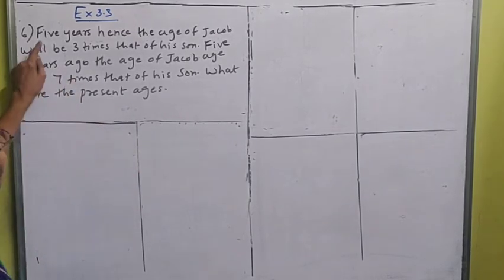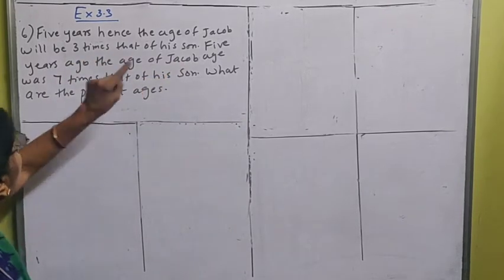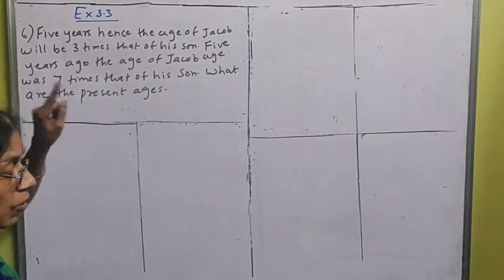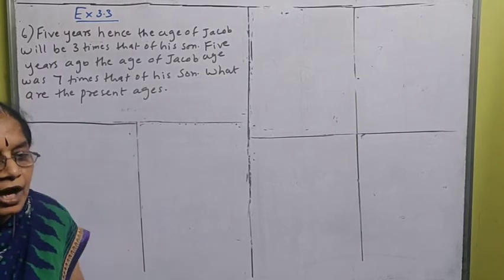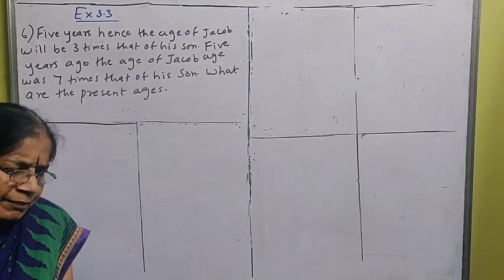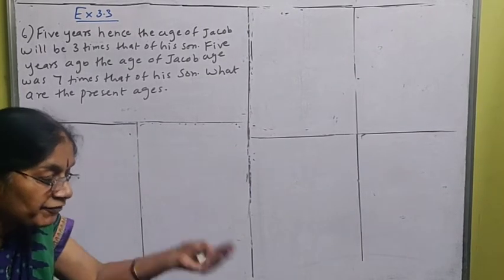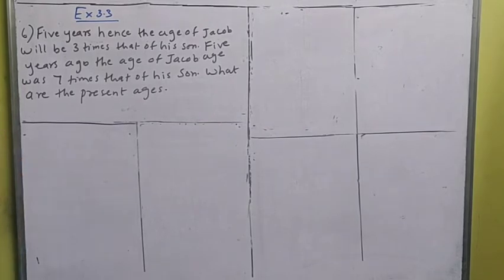So what is given? 5 years hence the age of Jacob will be 3 times that of his son. 5 years ago. Ago and hence, you be careful. Ago means whatever the age was before. Hence means whatever the age will be after. Find the present ages. So we don't know what the ages are.